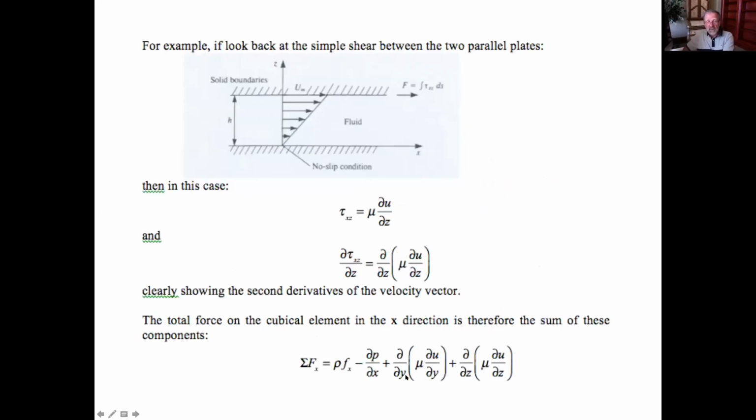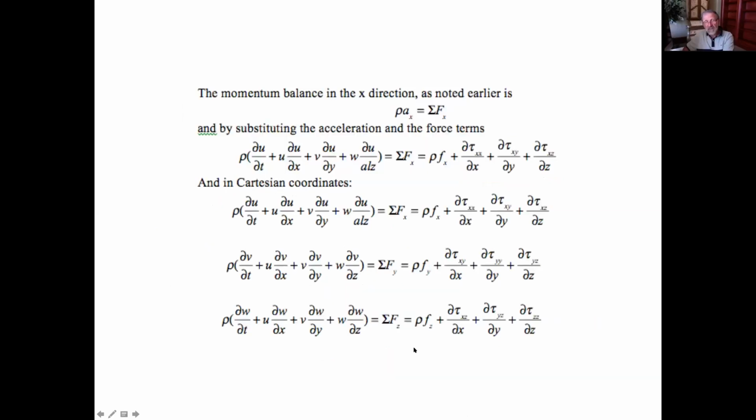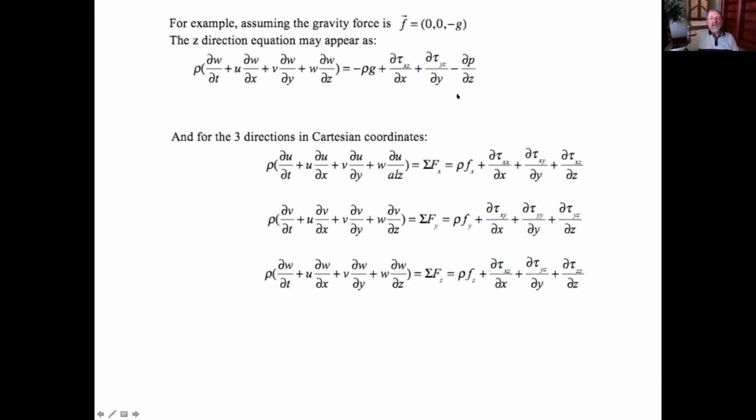I just put here the second derivative of velocity. Okay, so here is that one. I just wanted to make an example of the body force, because before the body force is something mystical. Now, suppose I take the previous equations, and for the body force, let me get the pen again before it jumps on me. This is just an example about the body force. Let's say the body force is only gravity. Then the components are 0 in the x direction, 0 in the y direction, and minus g in the vertical direction.